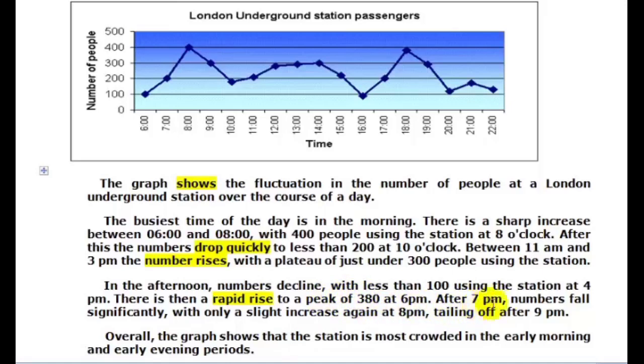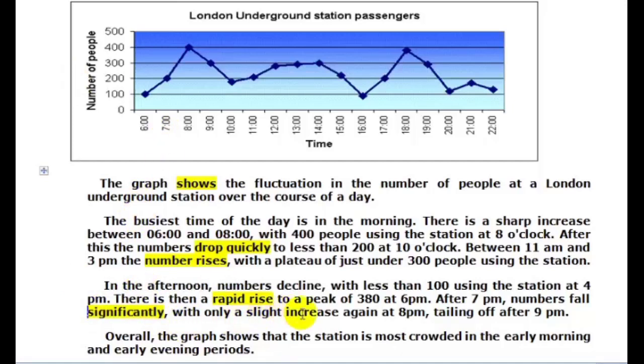After 7 p.m., what happens? You see over here, after 7 p.m. the number falls significantly. This is a very important word. You must keep it in your mind.